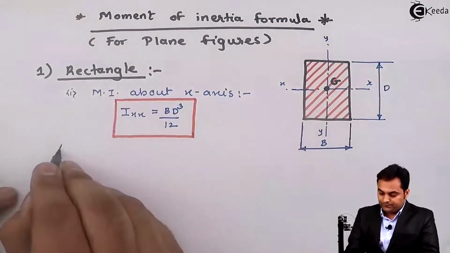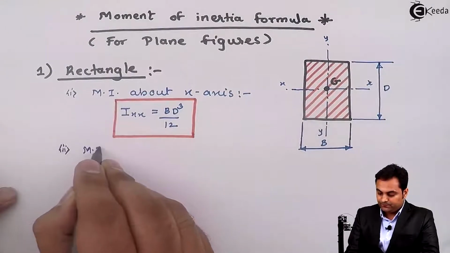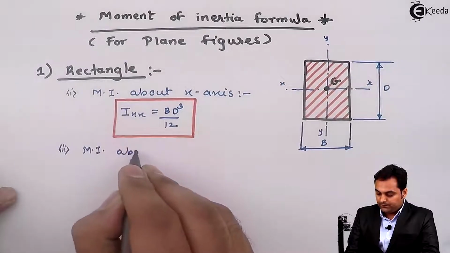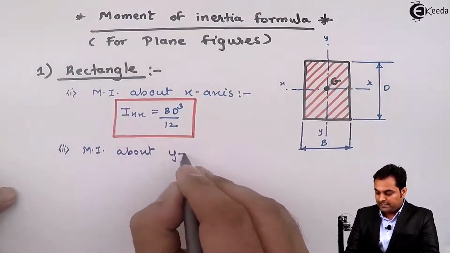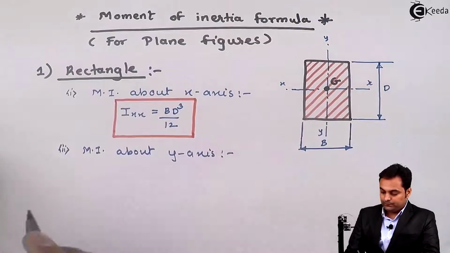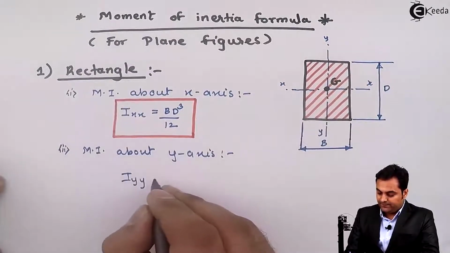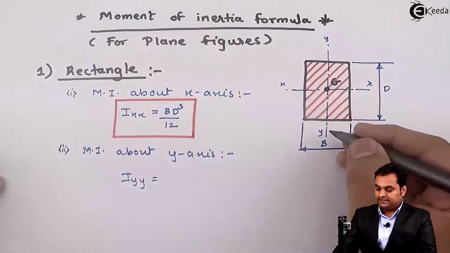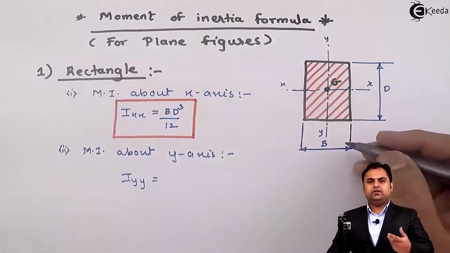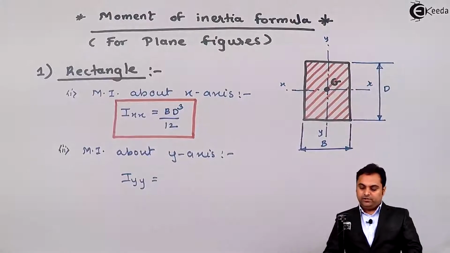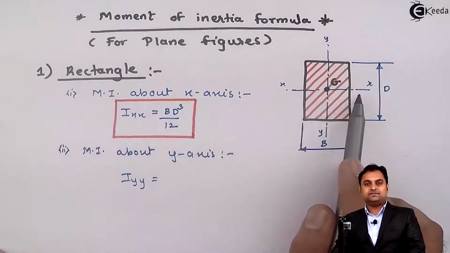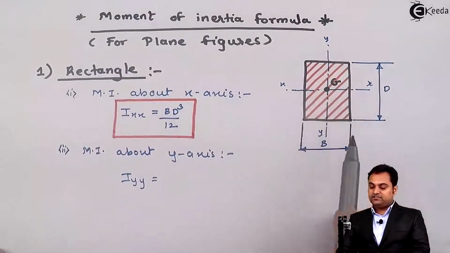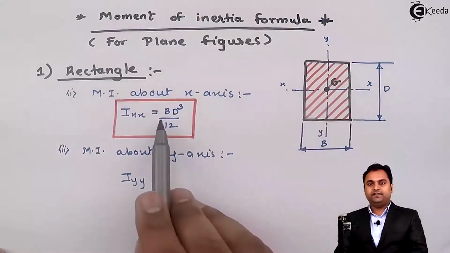Next, MI about y-axis, that is Iyy, is equal to, since the y-axis is cutting the width, that is also another way of remembering the formula. If you are considering the x-axis and x-axis is parallel to b, you can take b directly.